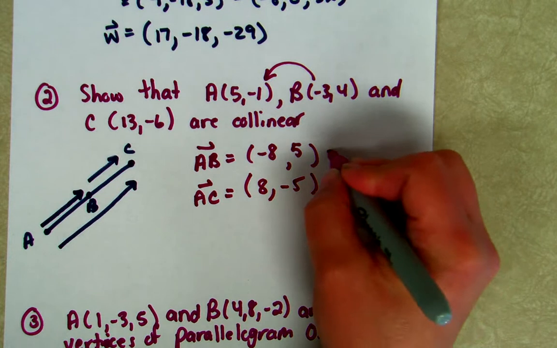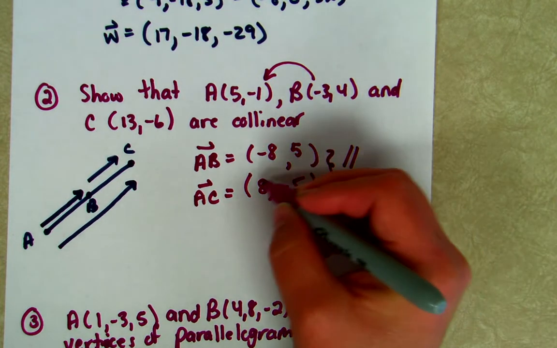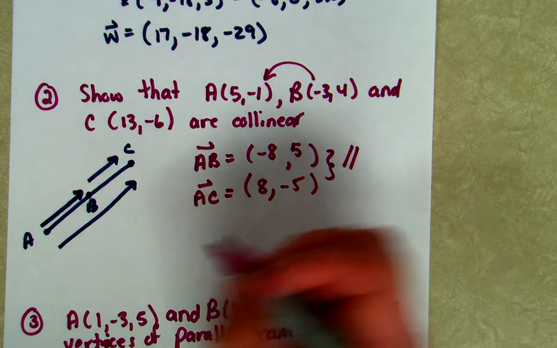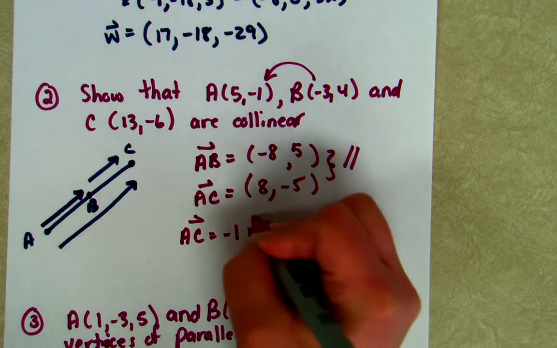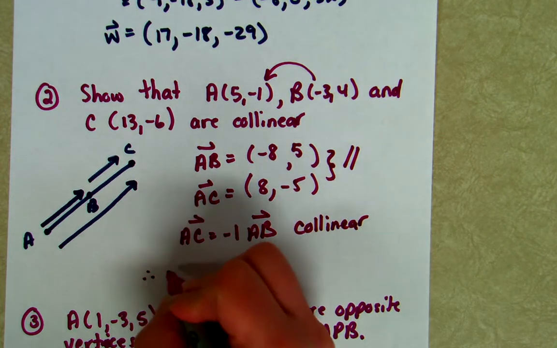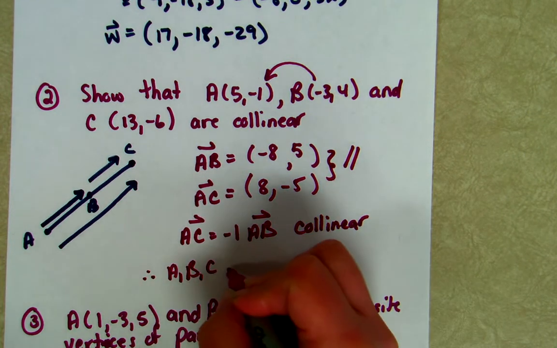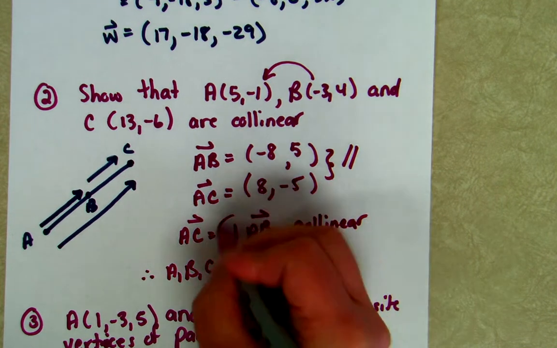So now I want to ask myself, are these parallel? Parallel vectors are basically multiples of each other. Since AC equals negative 1 AB, they are parallel, and A, B, C have to lie on the same line, or are collinear. This doesn't have to be a negative.